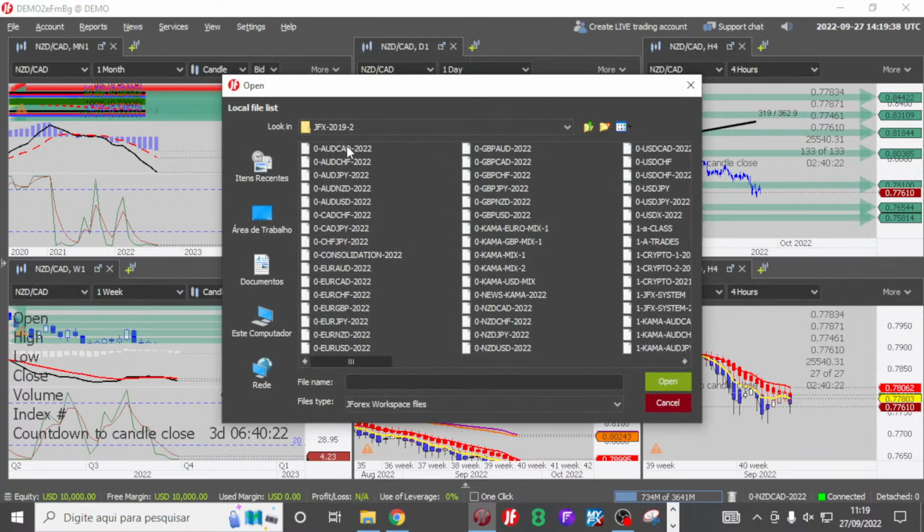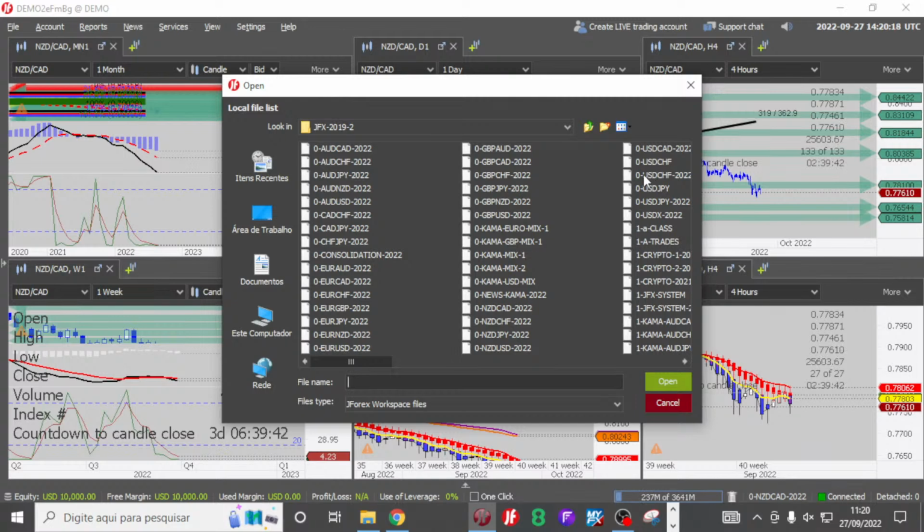You can trade AUD CAD, AUD CHF, AUD JPY, AUD NZD, AUD USD, CAD CHF, CAD JPY, CHF JPY, Euro AUD, Euro CAD, Euro CHF, Euro GBP, Euro JPY, Euro NZD, Euro USD, GBP AUD, GBP CAD, GBP CHF, GBP JPY, GBP NZD, GBP USD, NZD CAD, NZD CHF, NZD JPY, NZD USD, USD CAD, USD CHF, and lastly USD JPY.